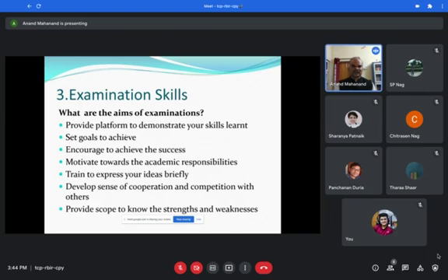Then develop sense of cooperation and competition with others. So before exam, you discuss among yourselves, discuss among friends, seniors, teachers. So you share materials with them, learn from each other. That is a sense of cooperation.